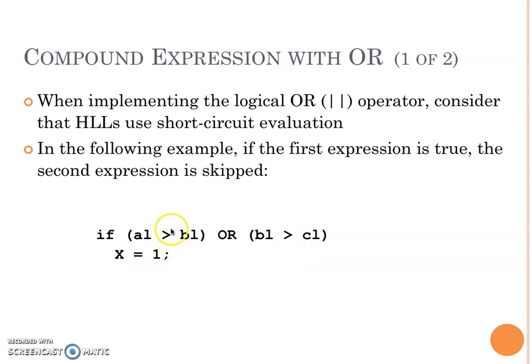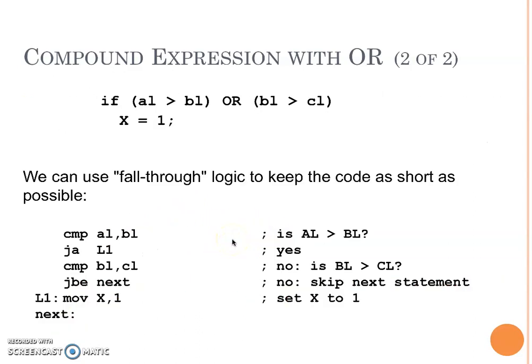So when we write the conditional or unconditional jump for the OR, we write it this way. First I compare AL with BL. If this one is true, I right away jump to where I have X equal to 1, so JA jumps to here. But if this one is not true, then I compare BL and CL again.